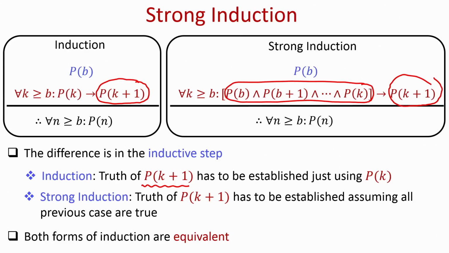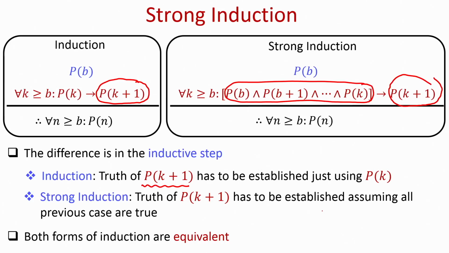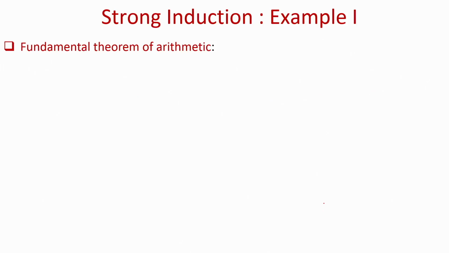We will establish this equivalence towards the end of this lecture, but you might be wondering what the motivation of strong induction is. The main motivation of strong induction is that it simplifies your proof several times. In many cases, it is possible that you cannot apply the regular induction directly, but with the help of strong induction, the proof is simplified a lot.